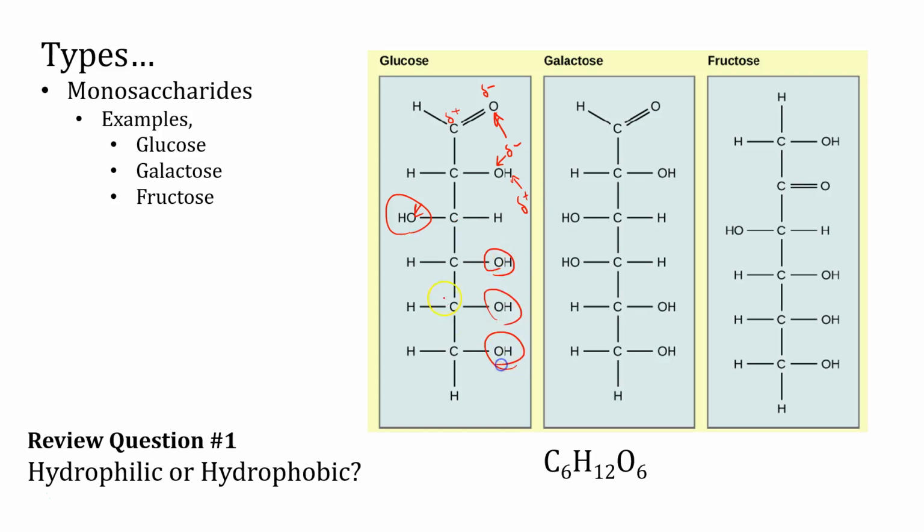So there's lots of little spots in the molecule where there's going to be these slight electrical poles where you have a slightly negative and a slightly positive charge difference. So that means it's polar, and polar things are hydrophilic. So that's why sugars generally will dissolve in water, and that is going to be the case for table sugar. When you put that in water and stir it up, it dissolves.